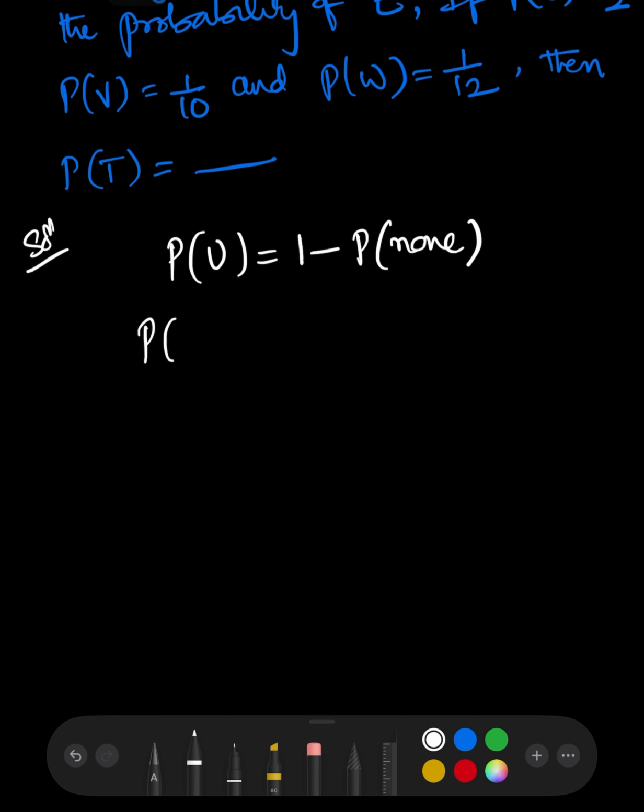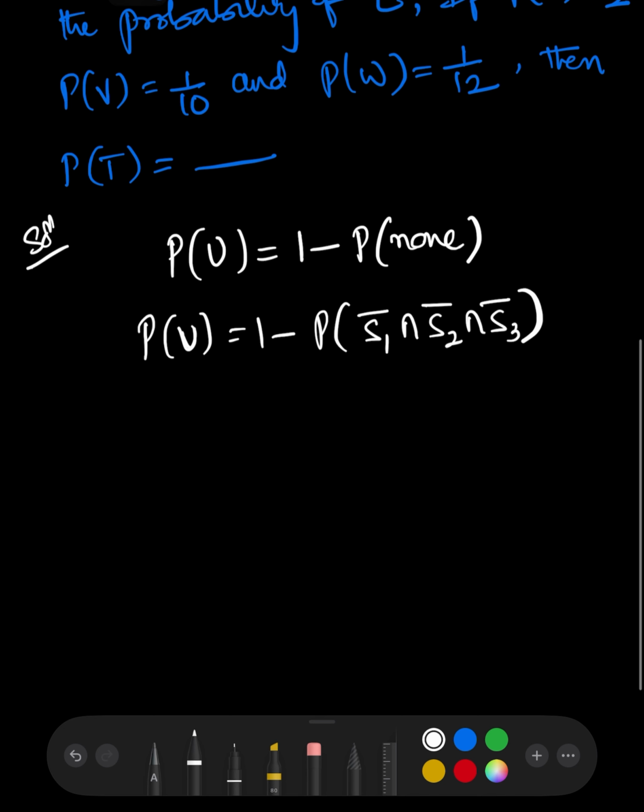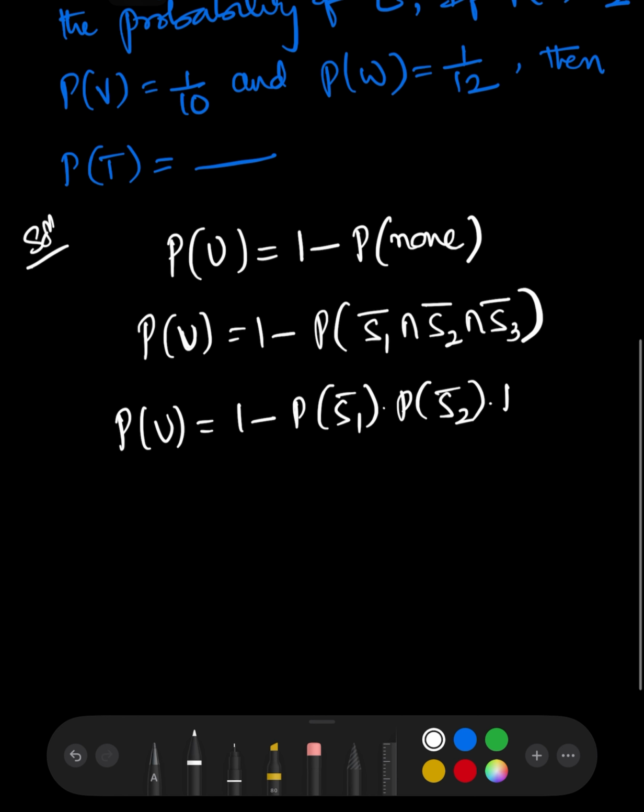So P of U equals 1 minus P of S1 bar intersection S2 bar intersection S3 bar. Since these are independent events, P of U equals 1 minus P of S1 bar into P of S2 bar into P of S3 bar. Now it is very clear that P of S1 bar is nothing but 1 minus P of S1.